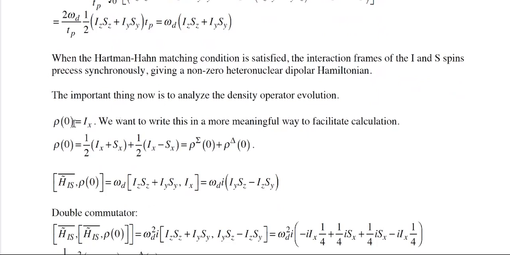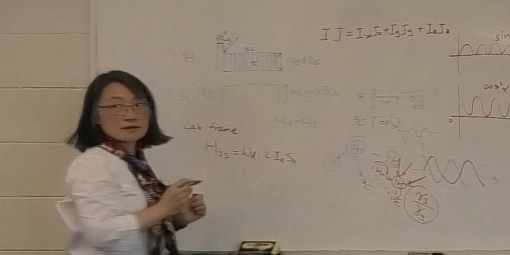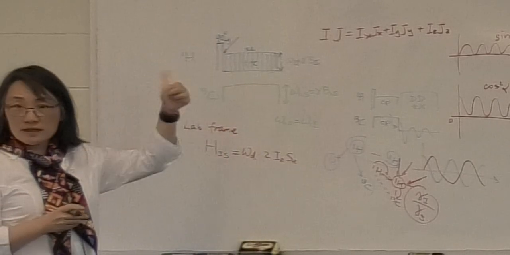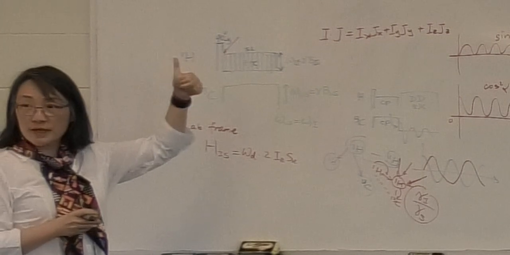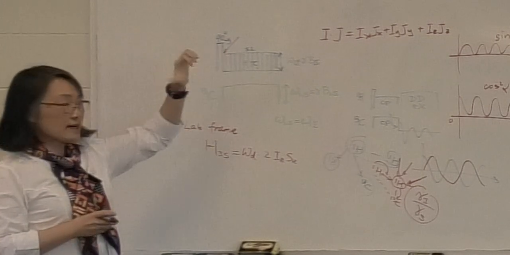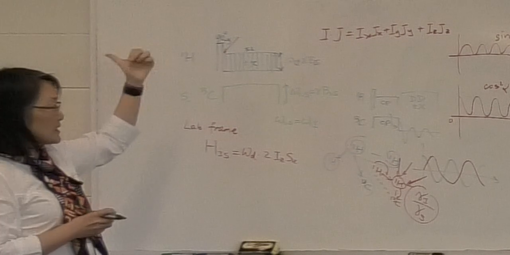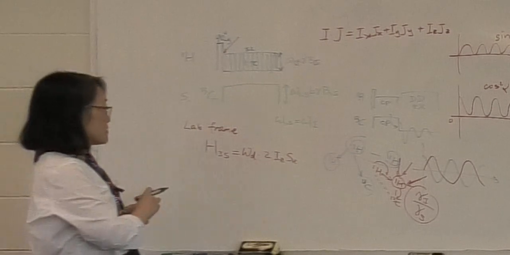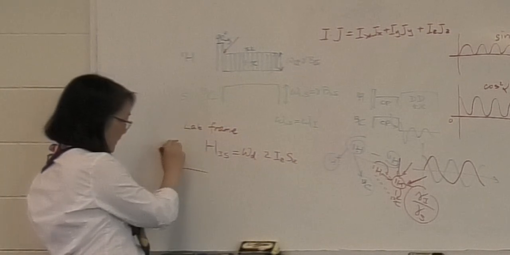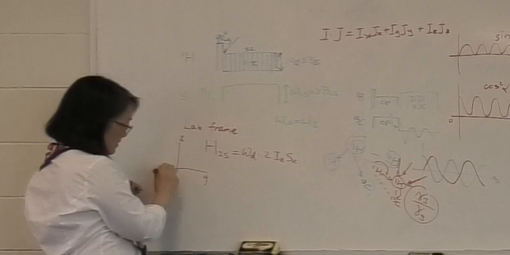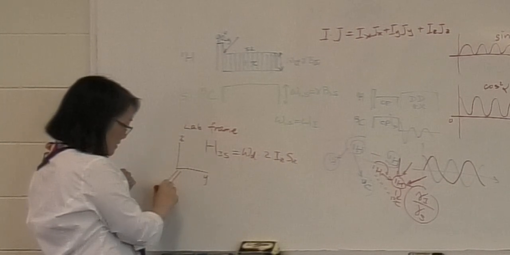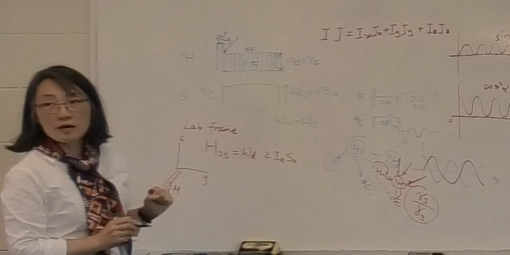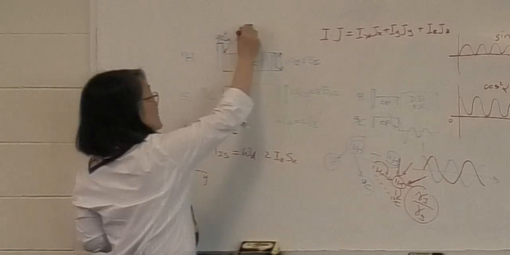So in the beginning of CP, this means right after the 90-degree pulse, at this point, I've already applied a 90-degree pulse on the proton channel, the I spin, and I've chosen the minus Y. So if I keep doing left hand, the magnetization is going to go to X. So if you do a minus Y pulse, your magnetization will be along this direction. That's your I spin magnetization.